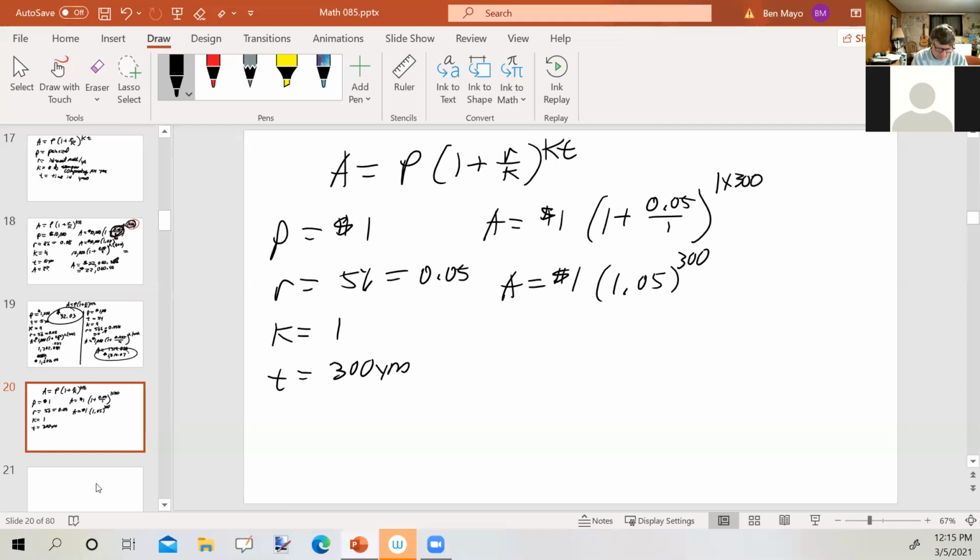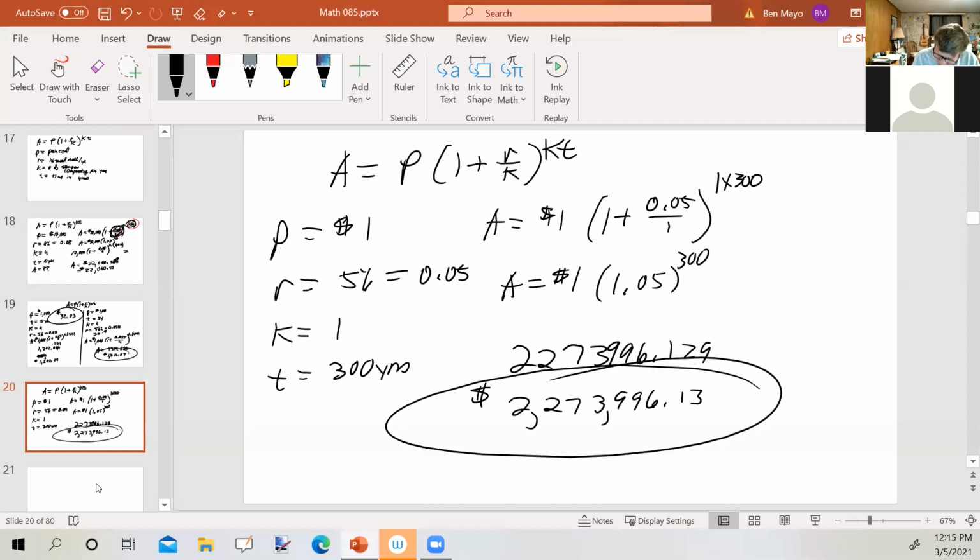If I take 1.05 and raise it to the 300th power, and then take that times 1, I get 2273996.129. So to the nearest cent, $2,273,996.13.